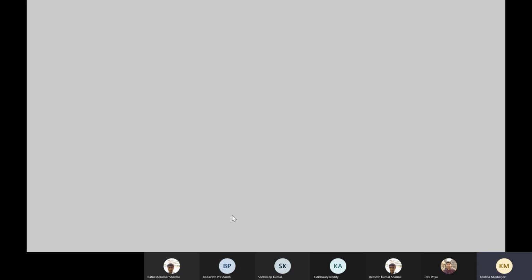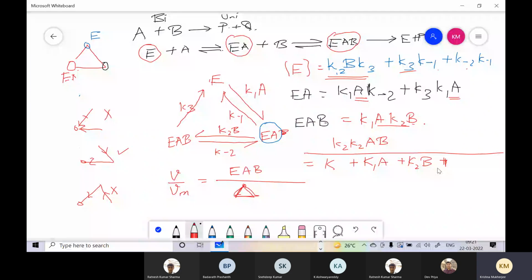And all the AB terms like this in some constant, K3 AB. And this is also some constant K star, whatever. This is actually the same as K3.